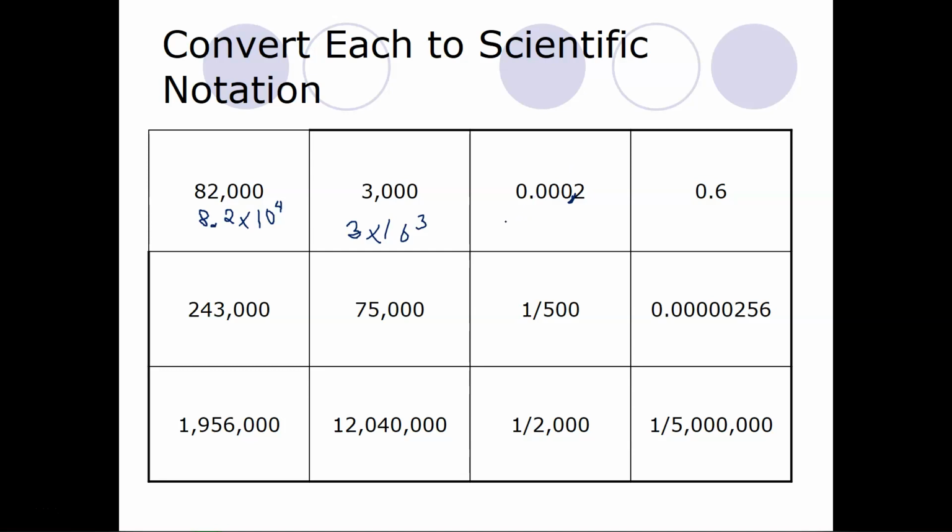So for this one, you should have had 2 times 10 to the -4. For this one, you'd have 6 times 10 to the -1. 2.43 times 10 to the 5th. 7.5 times 10 to the 4th.